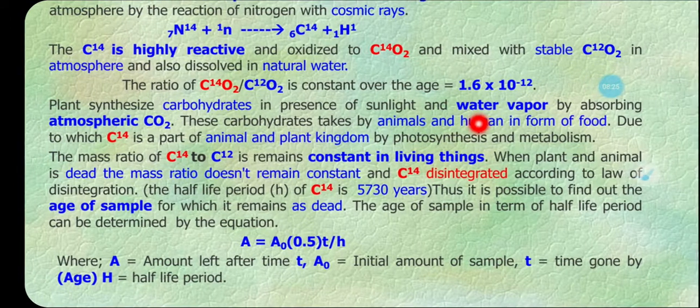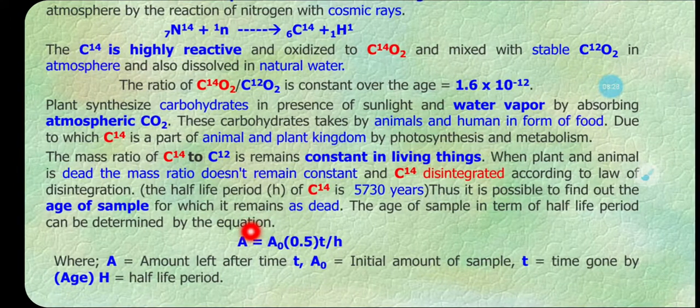The equation is A is equal to A0 (0.5) raised to t by h, where A is the amount of sample left after time t, A0 is the initial amount of sample, t is the time gone, or we can say age of the sample, and small h is the half-life period.